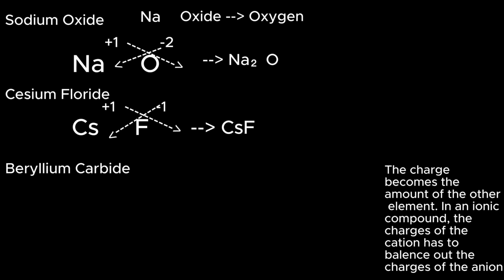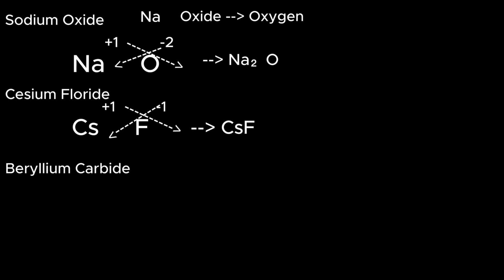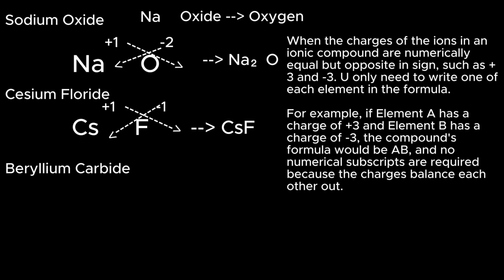Now, one important thing to know is that when the charges of the ions in the compound are numerically equal but opposite in sign, so let's say we have one element with a charge of +3 and another element with a charge of -3, you only need to write one of each element, because you can see how the +3 and the -3 balance each other out.